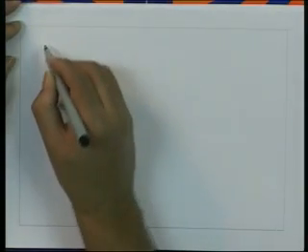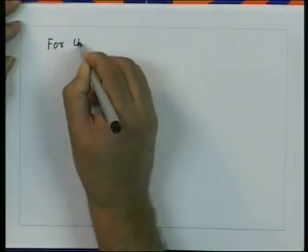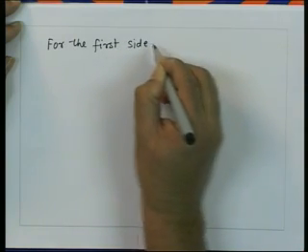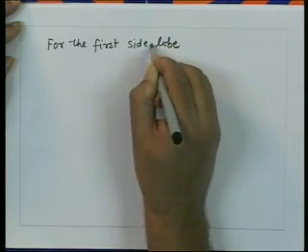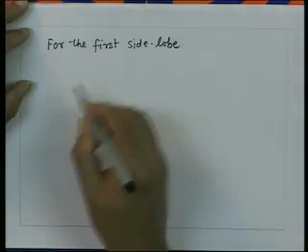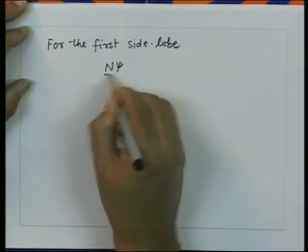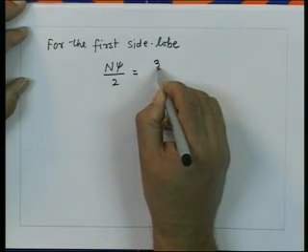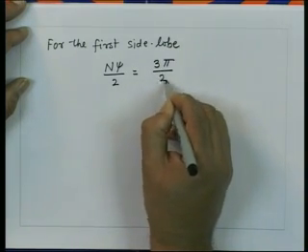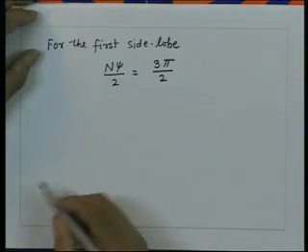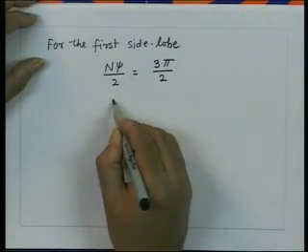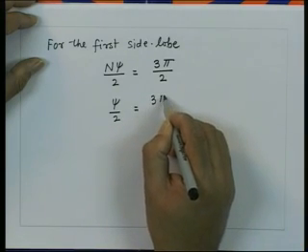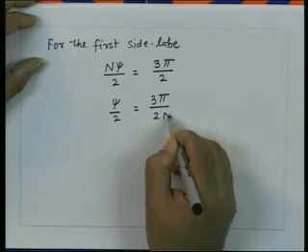that for the first side lobe we have n psi by 2 equal to 3 pi by 2. So, you can get from here psi by 2 equal to 3 pi upon 2n.